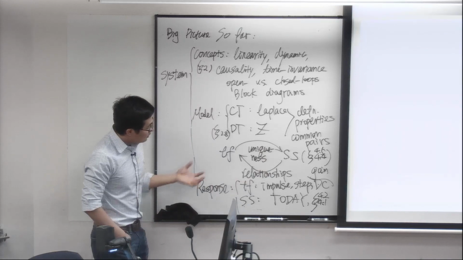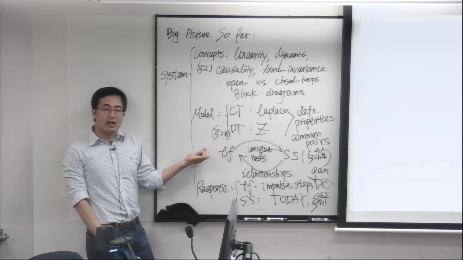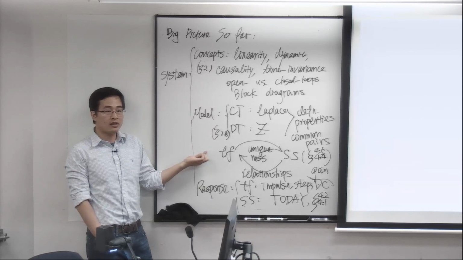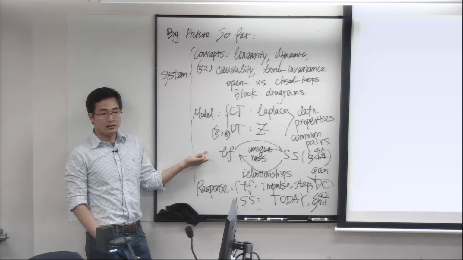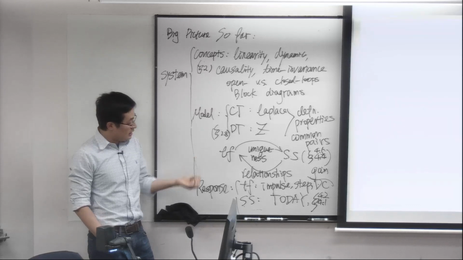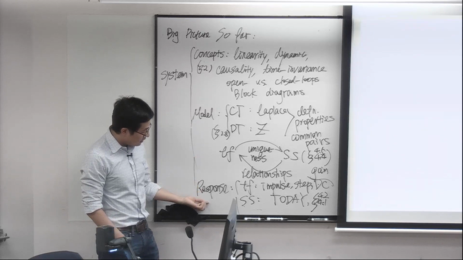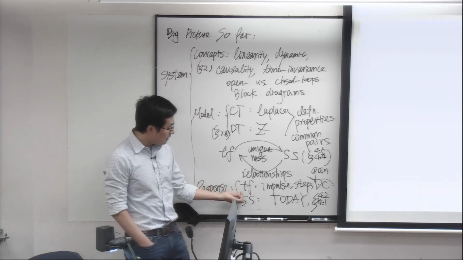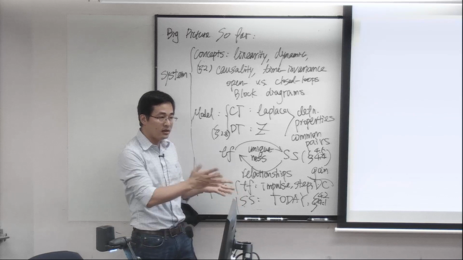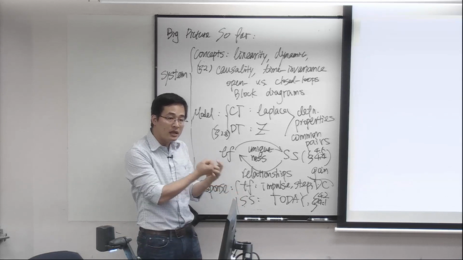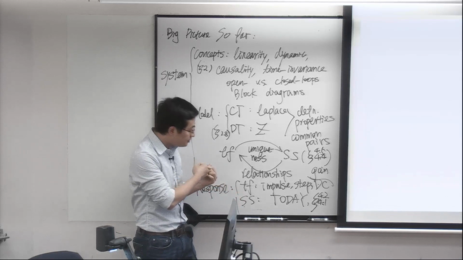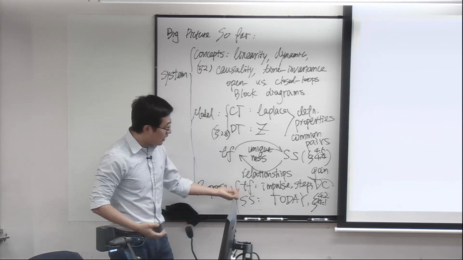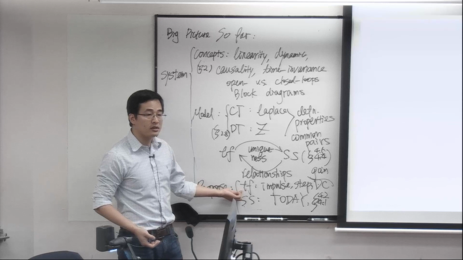So once we have the model established, we can think about response. We can think about what the model will generate as an output. This is the topic of today's lecture mostly. We already know that if you have a transfer function, there are the impulse response, step response, DC gain, and actually you can try all kinds of inputs to the system in MATLAB.